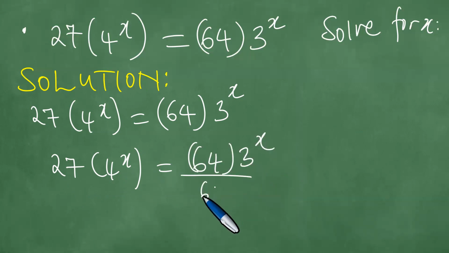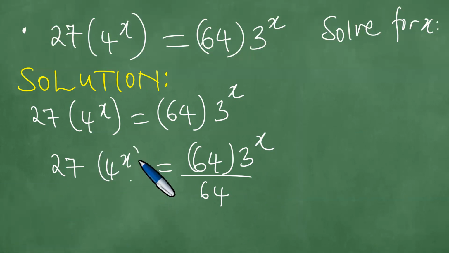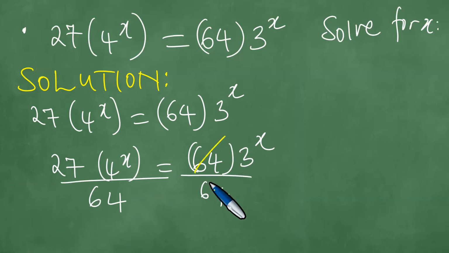We divide the right by 64 and this one by 64. All right, so this one cancels out.